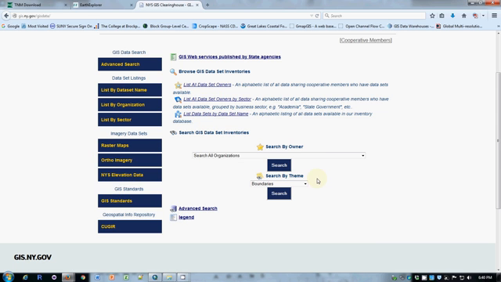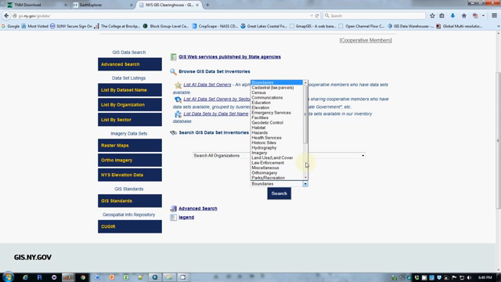There's a lot of stuff there. It is possible to search by the owner or contributor to this site, and it's also possible to search by topic.